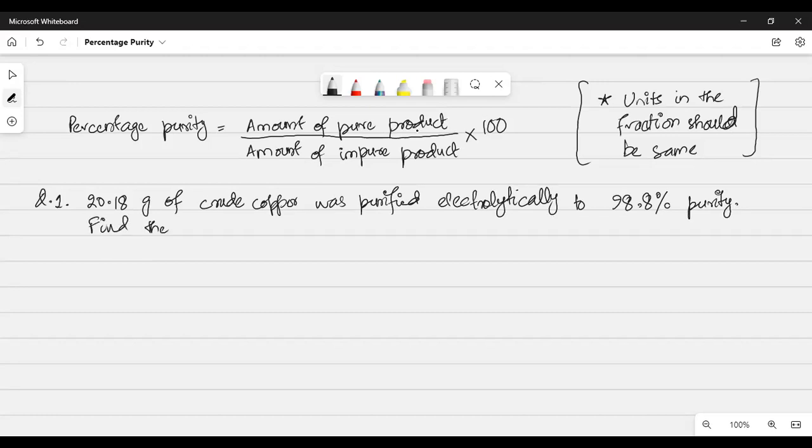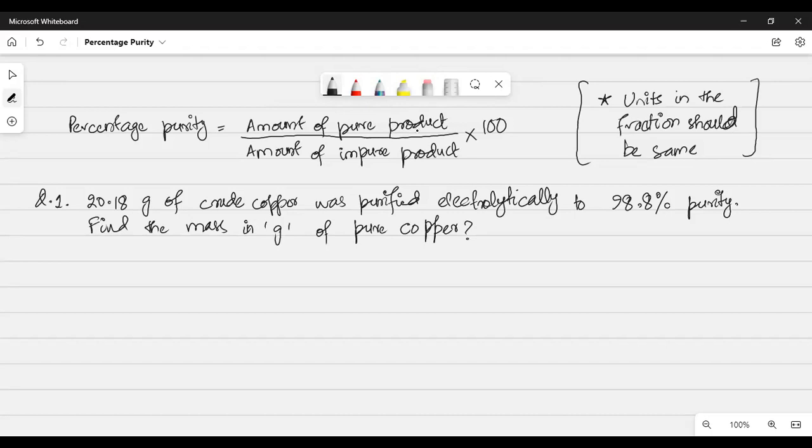Find the mass in grams of pure copper. Now, since you've already done the percentage in the simple way, I have changed the question a little bit so that you need to rearrange the equation in order to get your answer. Go ahead. Try to do it.